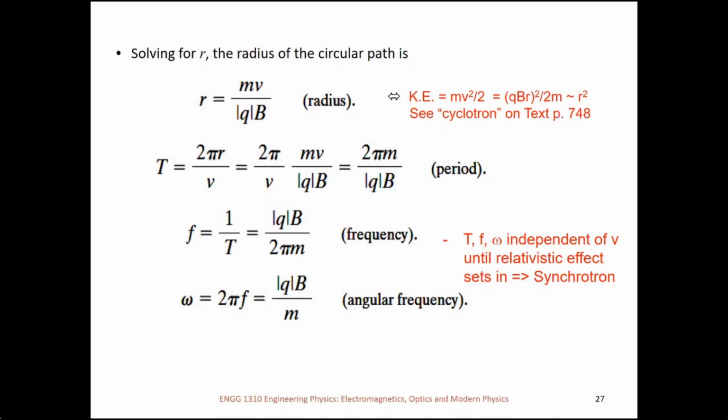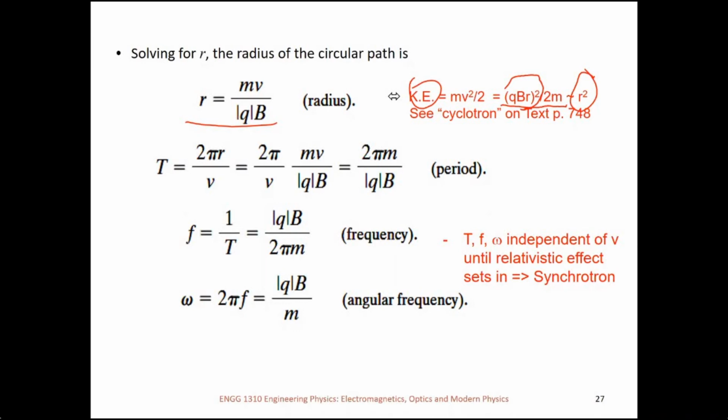Kinetic energy, KE, equals mv squared over 2, from classical mechanics. Then we can replace the v using its relationship to the radius, so it becomes this. You put it inside, the m squared and m get crossed, and the above is just (qBr) squared, so that's proportional to r squared, right?